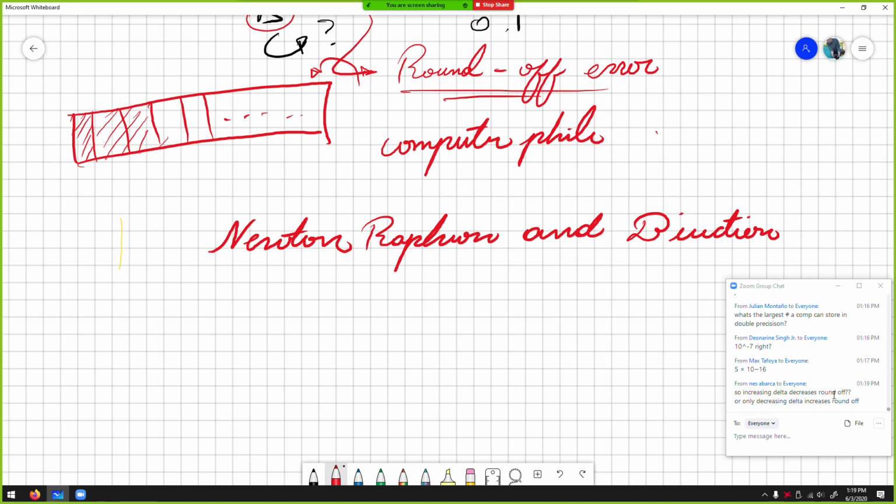So increasing delta decreases round-off, or increasing, or only decreasing delta. So yeah, in a sense, how can I say this? You're correct with what you're saying. Increasing the delta value will decrease round-off error because you are dealing with larger magnitude.